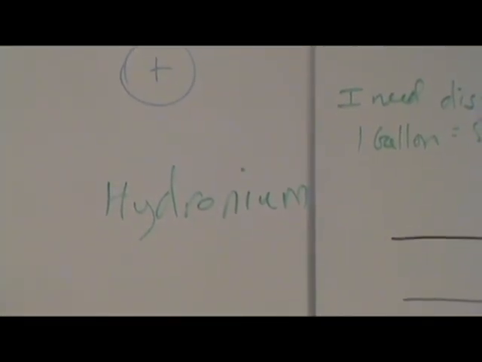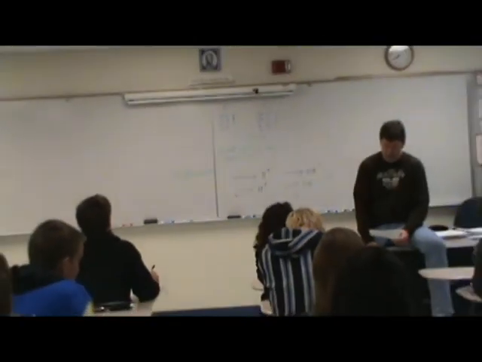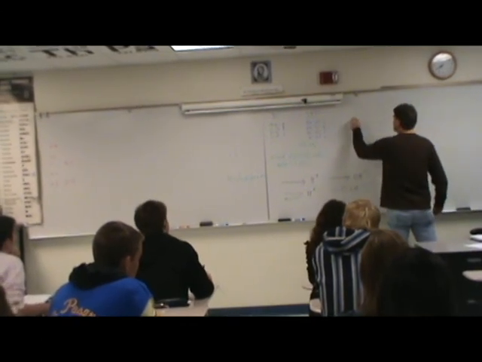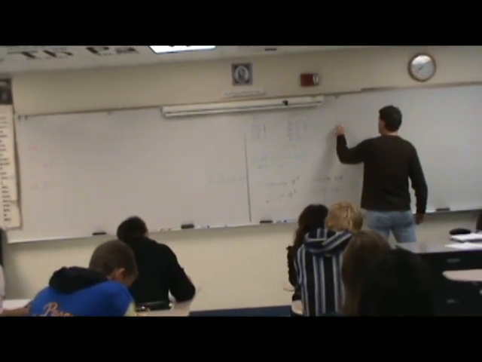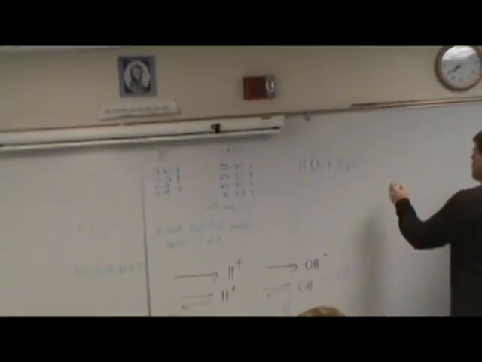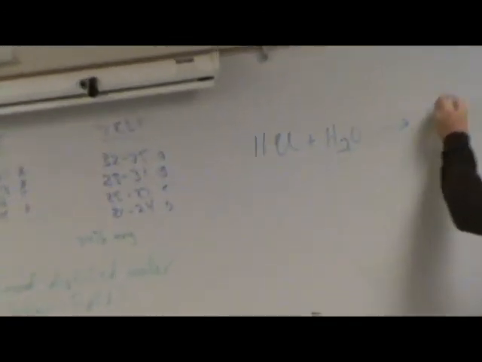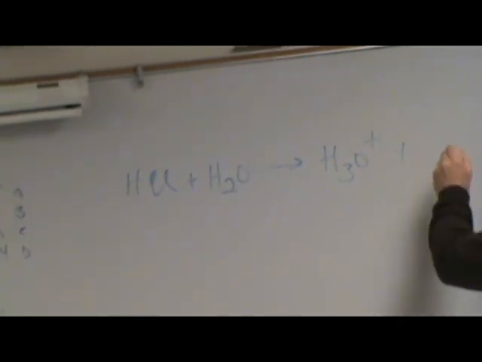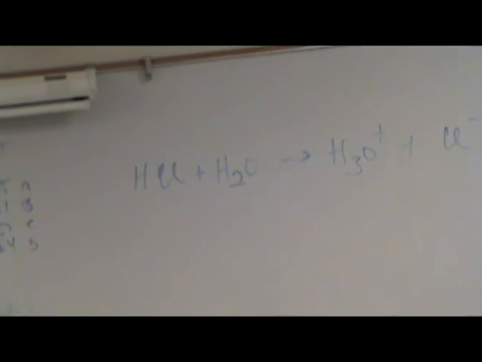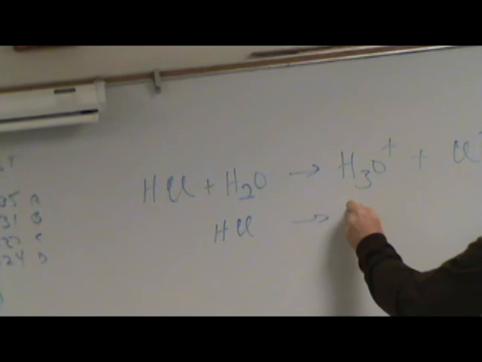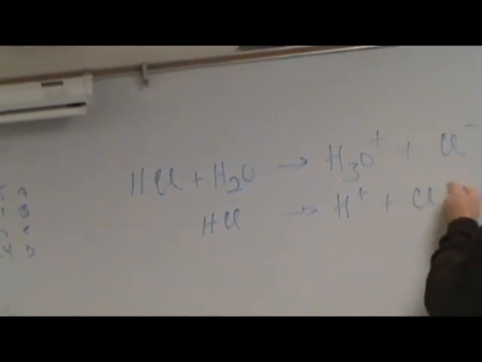Now, if we include the hydronium ion all the time, we end up having to do stuff like this. Here's the dissociation of hydrochloric acid: hydrogen chloride plus water turns into H3O plus and what would be left? Cl negative. That gets long-winded and tedious when we could just write HCl, arrow, H plus Cl minus.